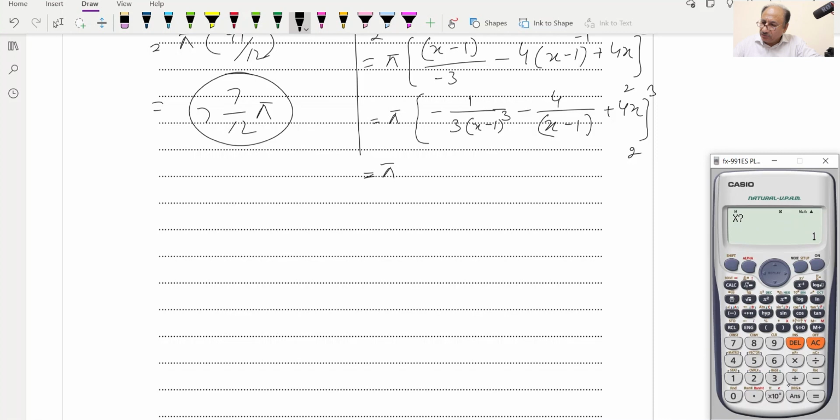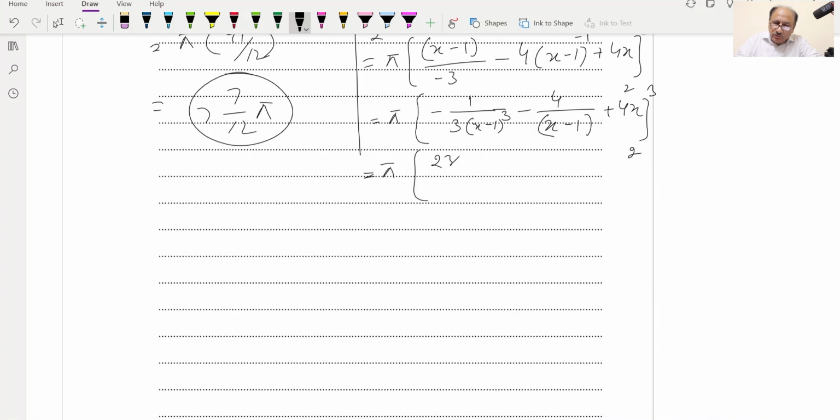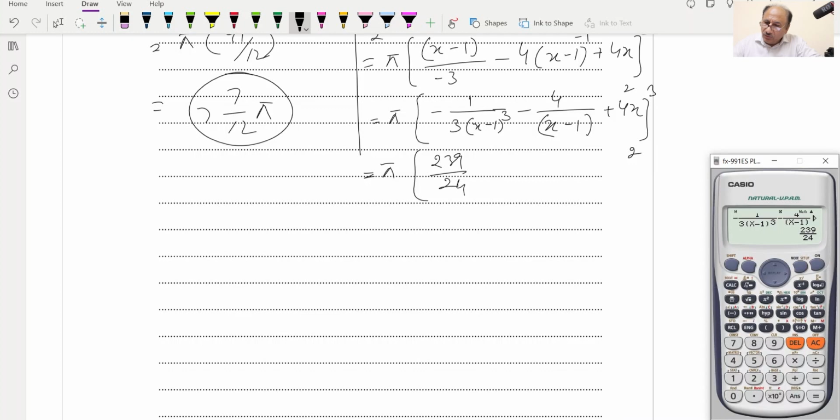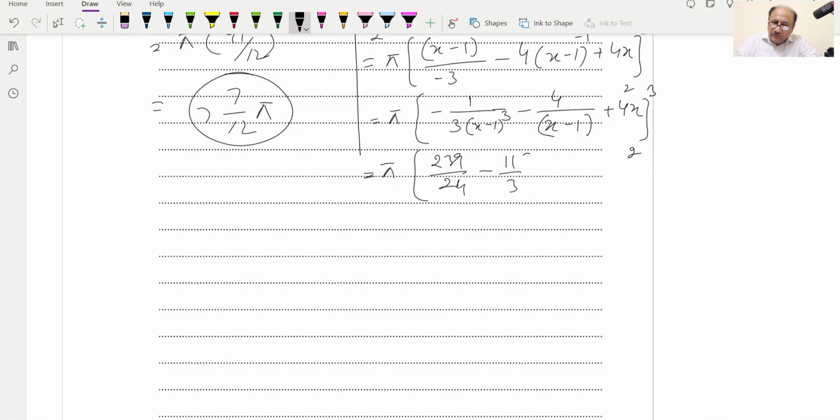For x equal to 3, we will get 239 over 24. Now we will calculate for 2, and this will give us 11 by 3. So minus 11 by 3.